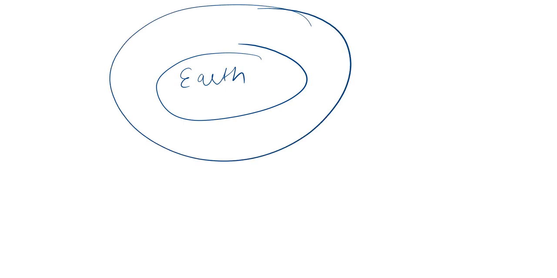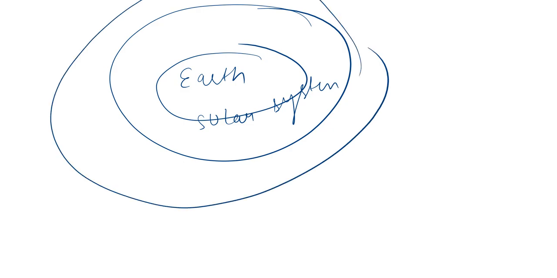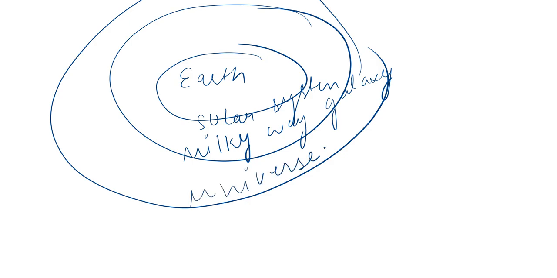What we learn in this chapter is: what is Earth, what is the solar system, what is the Milky Way galaxy, and what is the universe. So, let us begin our first lesson of geography, that is the Earth, our habitat.